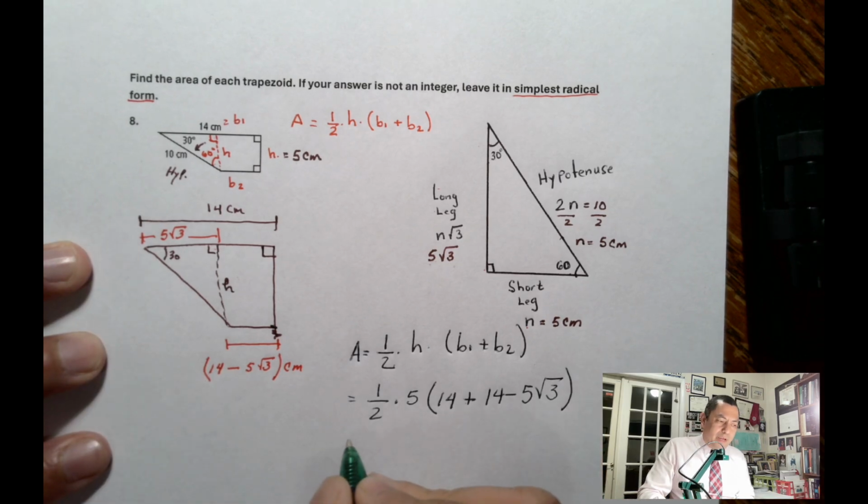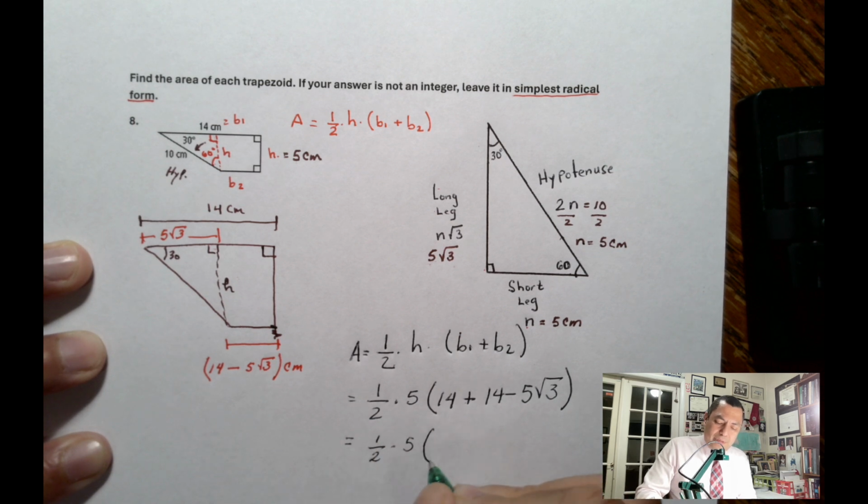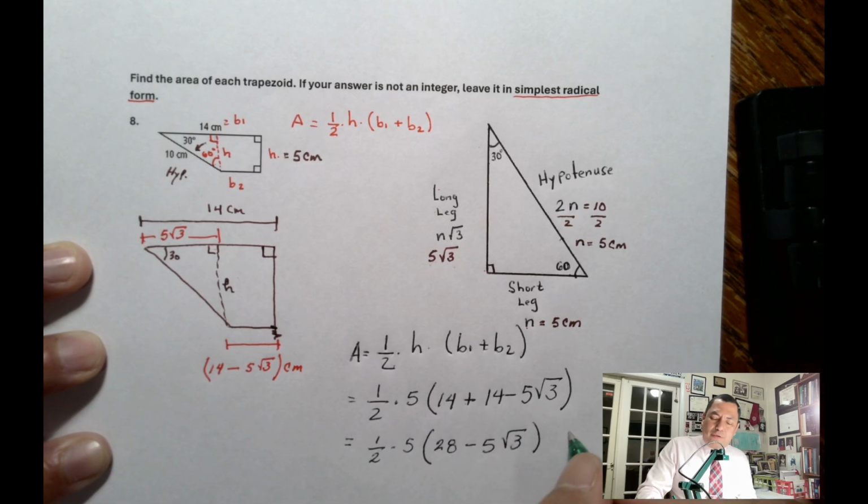So what is this equal to? I have 1/2 times 5 times 28 minus 5 square root of 3. And remember that this area is going to be centimeters squared.